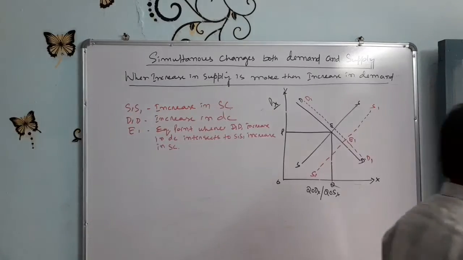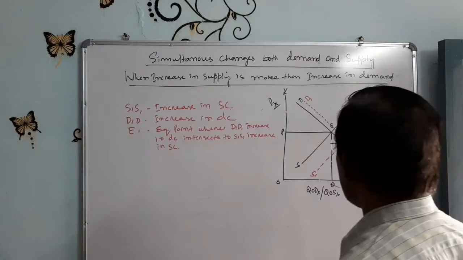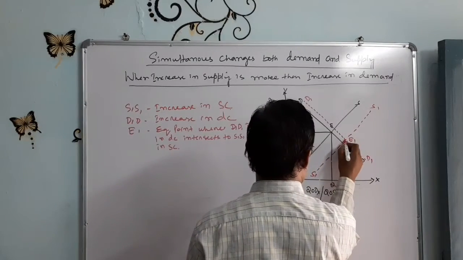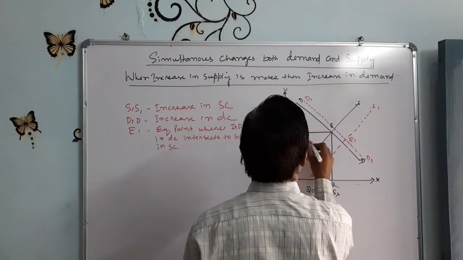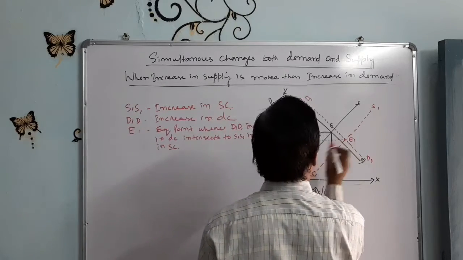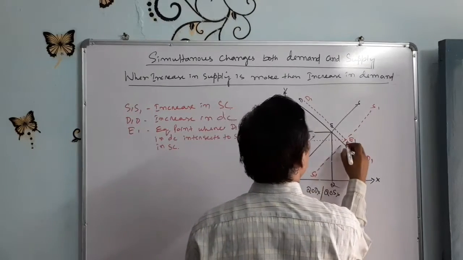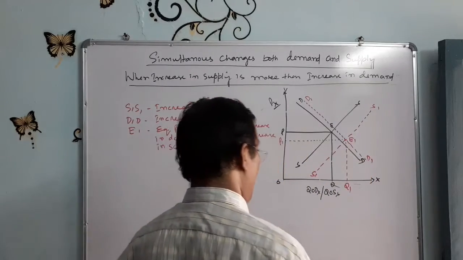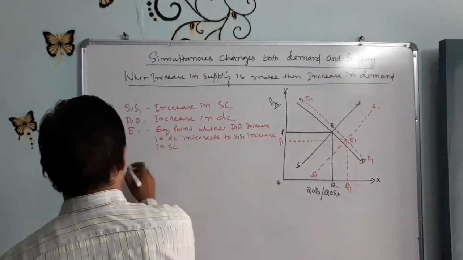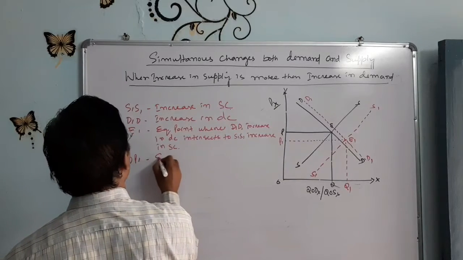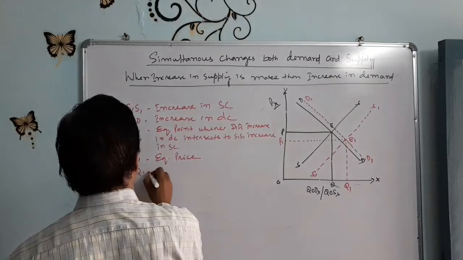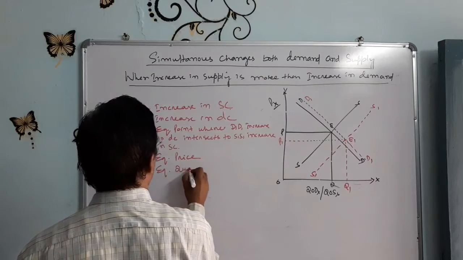Clear? So after that, you draw the perpendicular line toward the OY axis. This is OP1. Similarly, draw the perpendicular toward the X axis. This is OQ1. So now you may write here, OP1 is the equilibrium price and OQ1 is the equilibrium quantity.